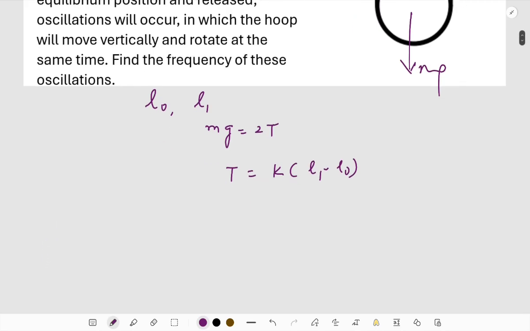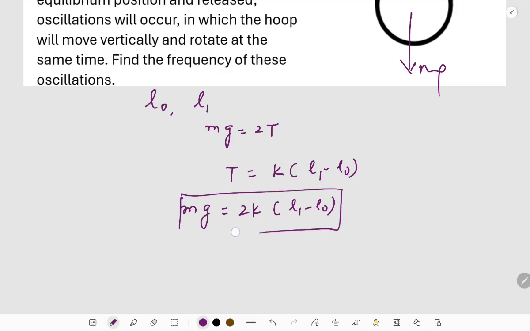And so I have the equation finally, mg equals 2k(L1 minus L0). This is the one relation I have for future.